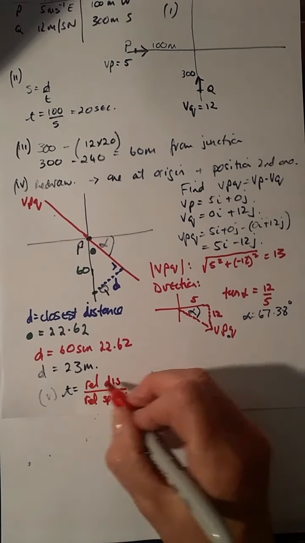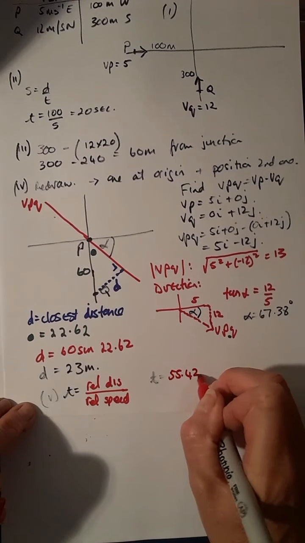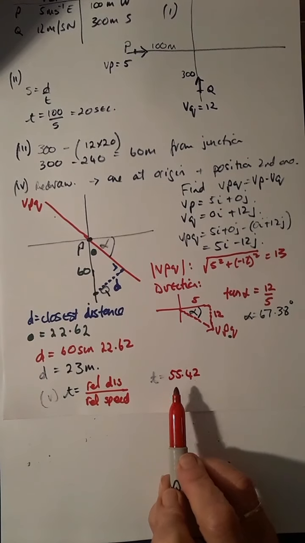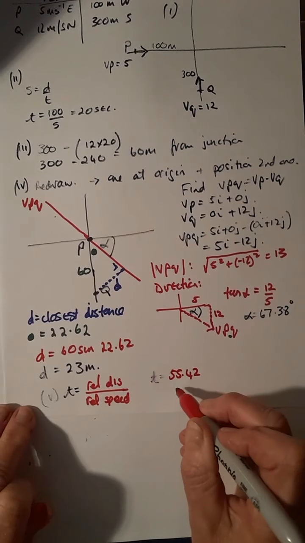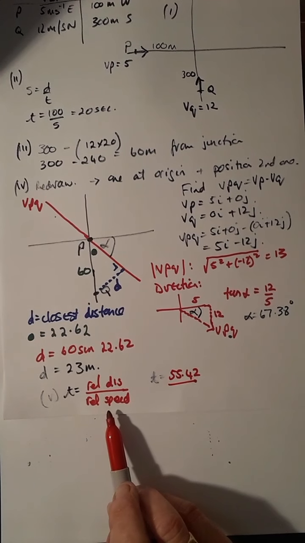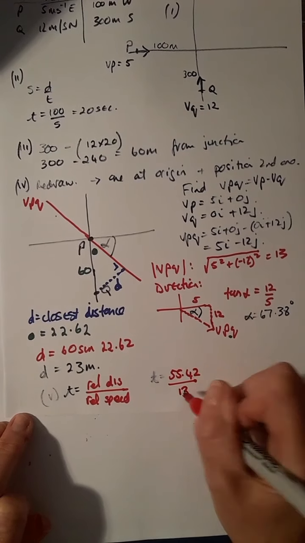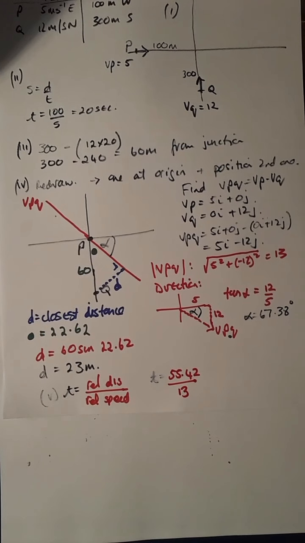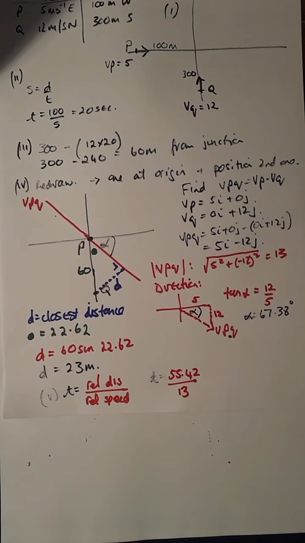So the relative distance is 55.42. I've taken this from this triangle, and I'm going to divide it by the relative speed, which is the magnitude of the VPQ line. And of course the magnitude I already know is 13. So if I divide that by 13, that's going to give me 4.26 seconds.